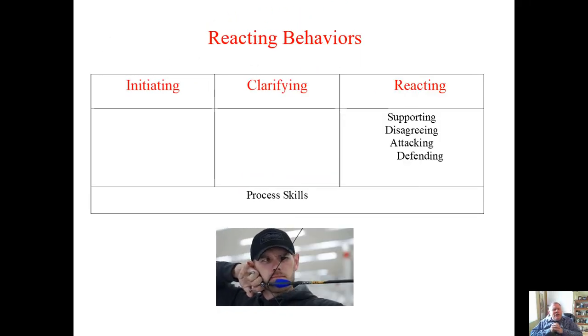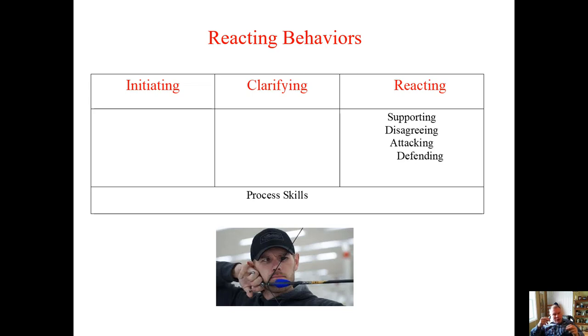The next one is reacting. And every time we work in a group or when we have discussions with others, we often react. And I'd like to break this down into two categories. We can support or we can disagree. When it's supporting and disagreeing, we focus on the facts, and individual feelings.